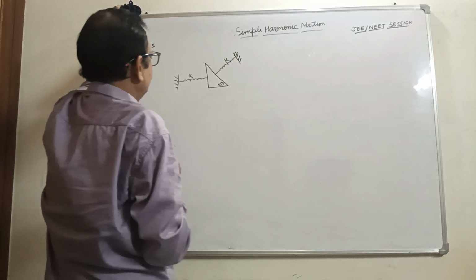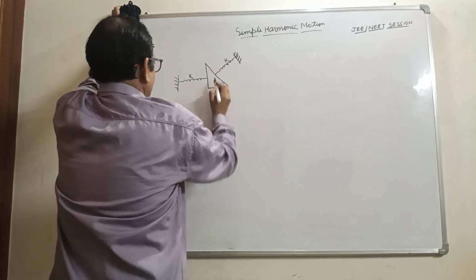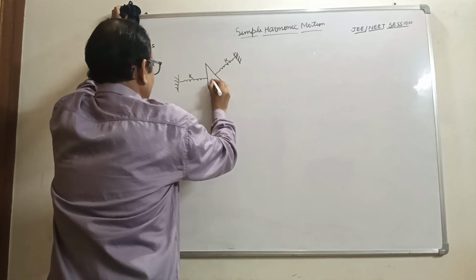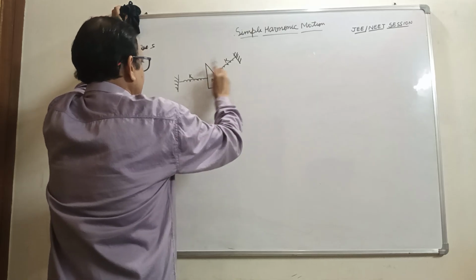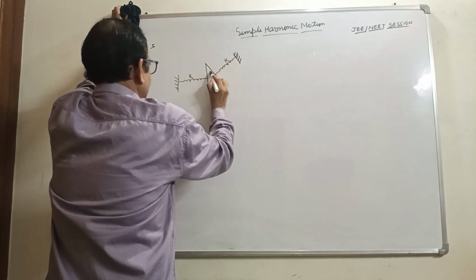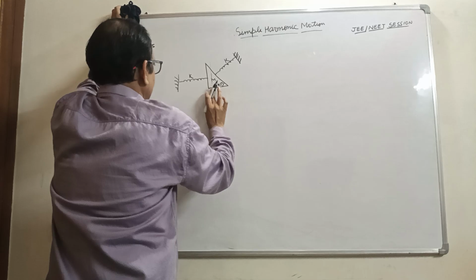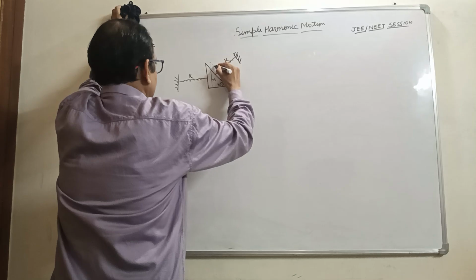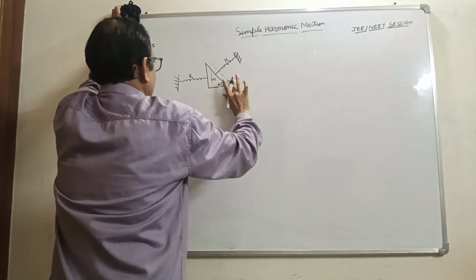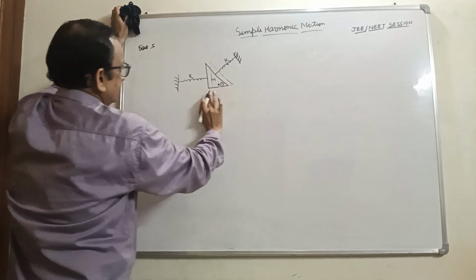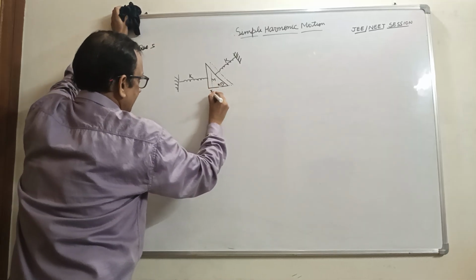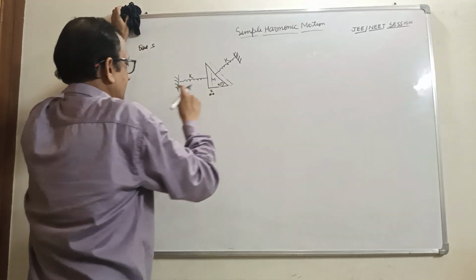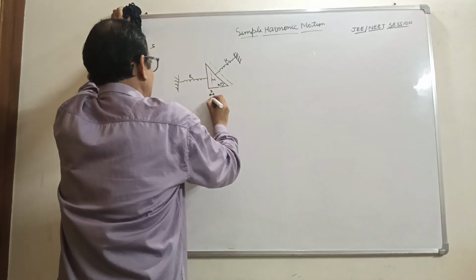So in this scenario we see here, this is a wedge, and the wedge has mass m. If we displace this wedge, suppose x is displaced here, the scenario becomes like this. What happened when this block is displaced by x?